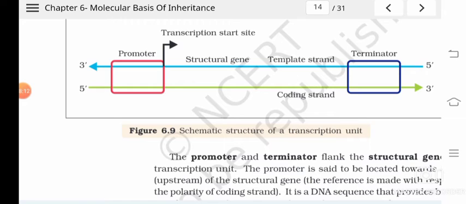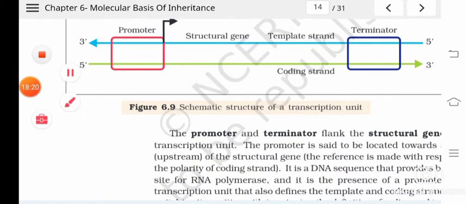Now, the transcription process takes place with the help of an enzyme called DNA dependent RNA polymerase. I have already told you. And the transcription takes place only in one strand. That strand is called the template strand, which is in the 3' to 5' direction.